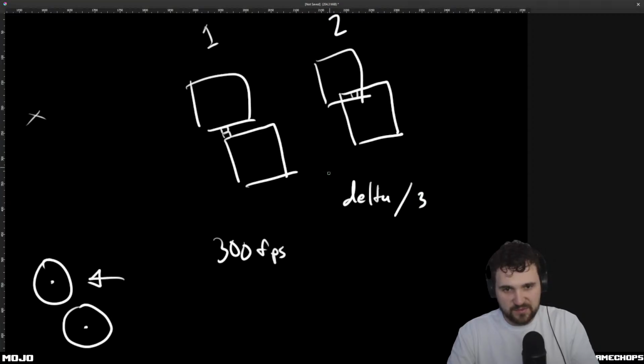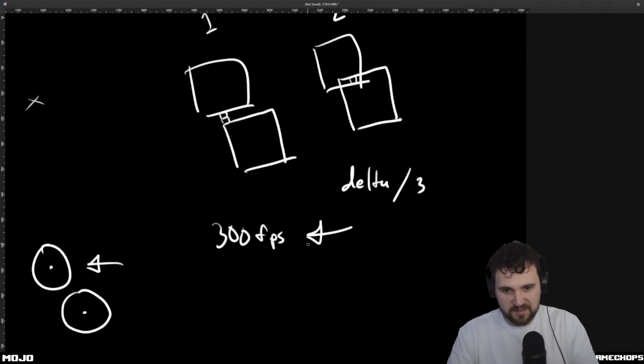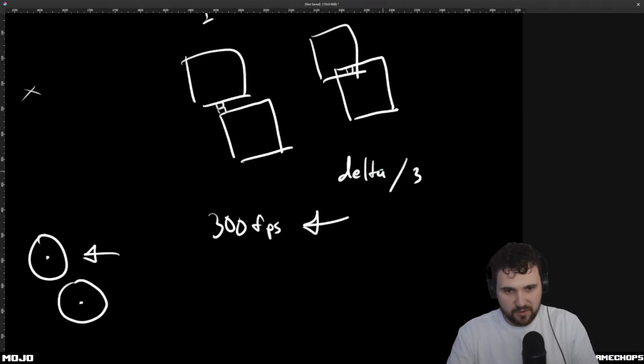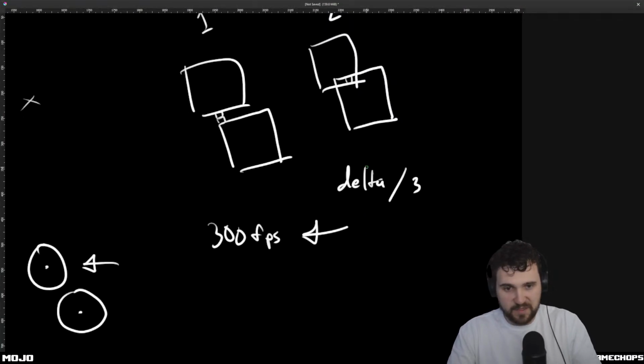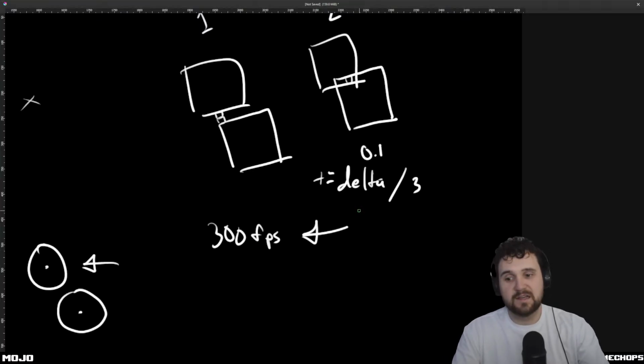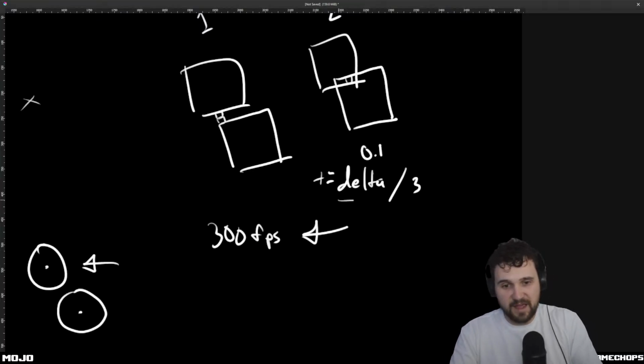That's what I would be moving it on this update, which means it would be a fraction of 3, like 0.1. So I'm plus-equaling by 0.1 out of 3 on the Y value every frame, but it happens 300 times a second. And so after that happens, then I check if they're going to collide and then I stop them.